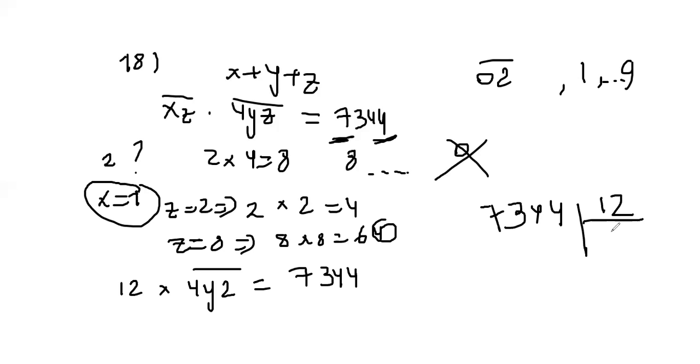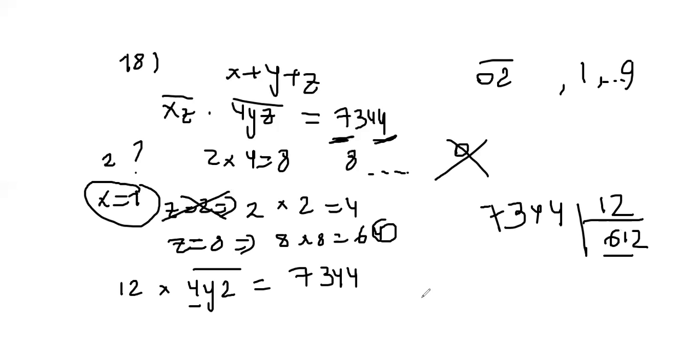Obviously, this number should start with 4. So we have to be sure that our number starts with 4. However, if we divide it, we get 612. So you see it starts with 6, but our number starts with 4. So z equals 2 falls out.